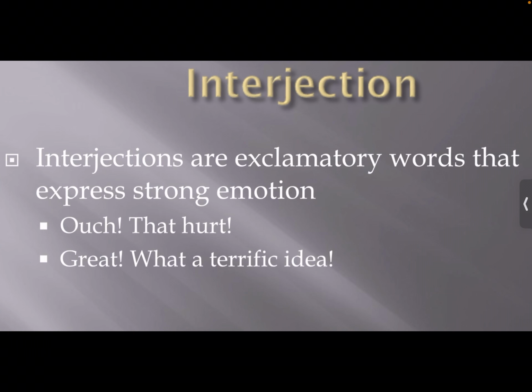Okay, next here we have interjections. Now we said conjunctions are أدوات الربط. Now we have interjections, which mean in Arabic صيغ, and interjections are words used to express strong feeling or sudden emotion.